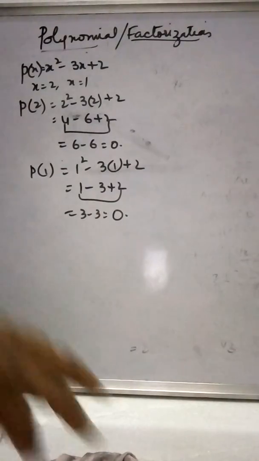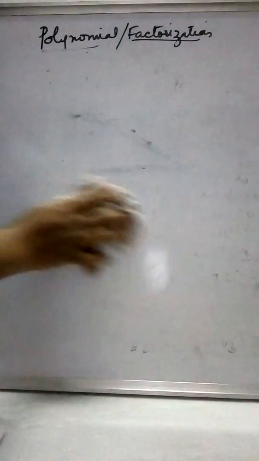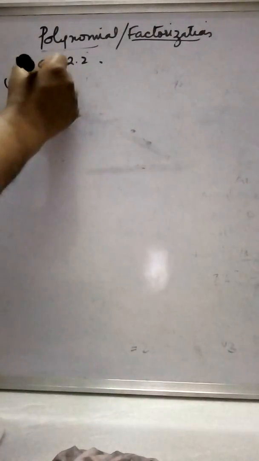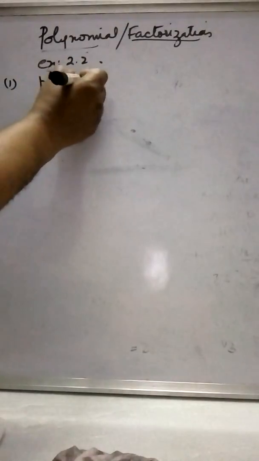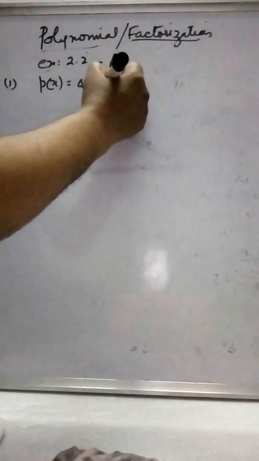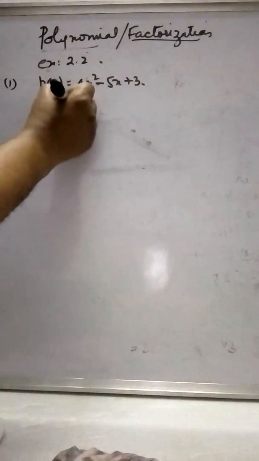Now we'll start with exercise 2.2. Exercise 2.2. Find the value of polynomial 4x square minus 5x plus 3 when x is equals to 0. First one, p of x is given to me as 4x square minus 5x plus 3 when x is equals to 0.